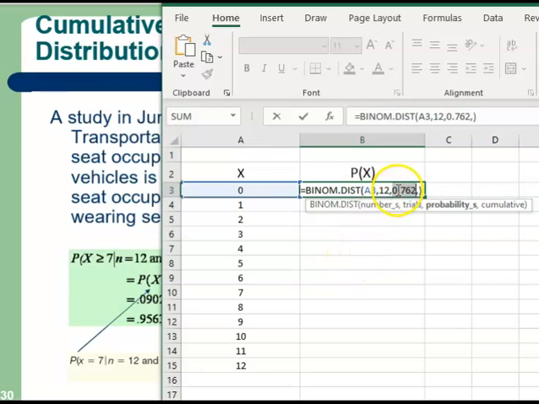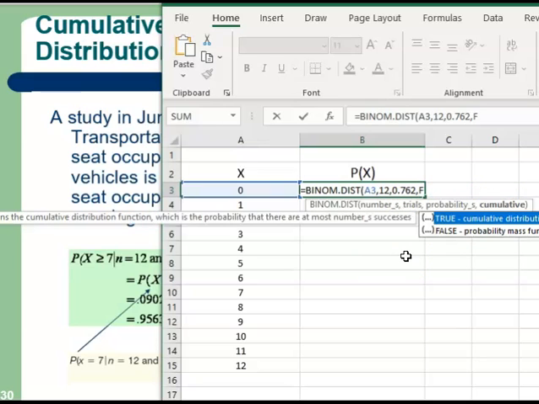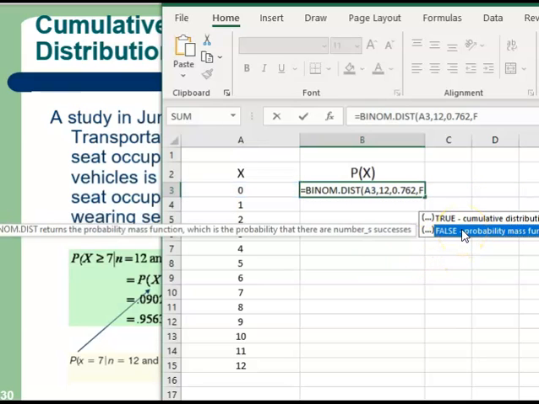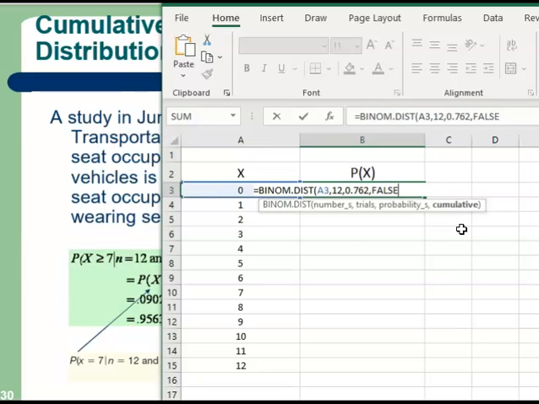As a result, remember that in Microsoft Excel, this probability is supposed to be presented as a decimal value. So 76.2% divided by 100 becomes 0.762. And for cumulative, you're going to choose false. Use false because we don't want cumulative.